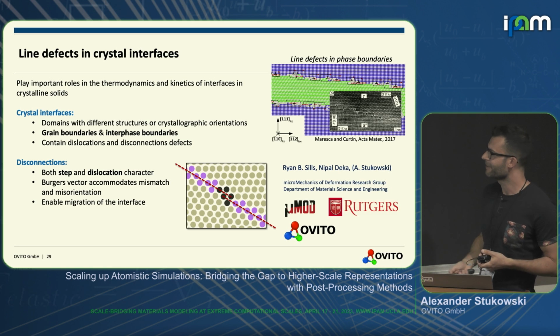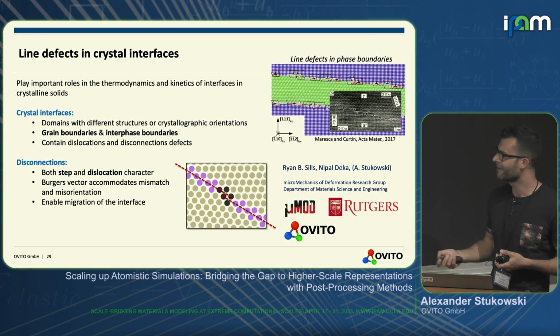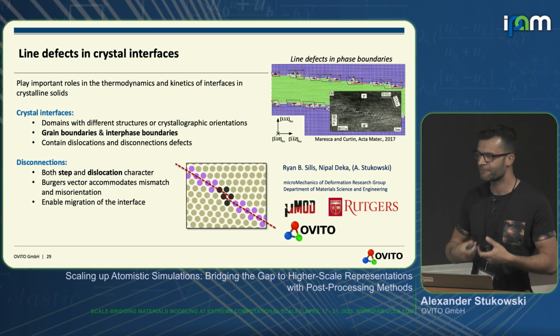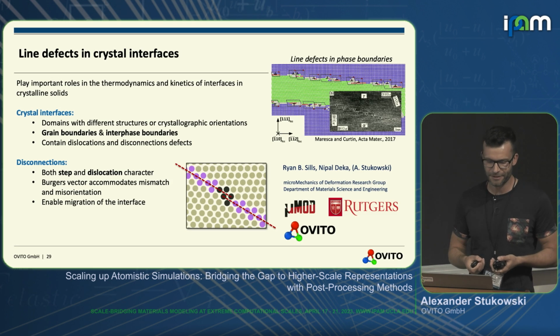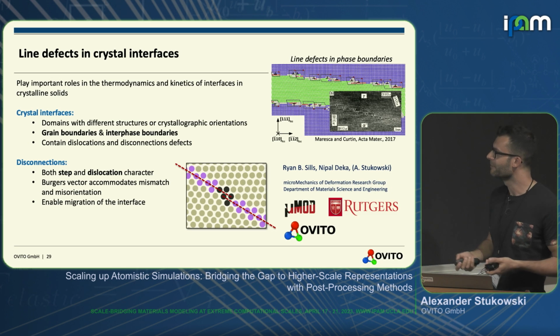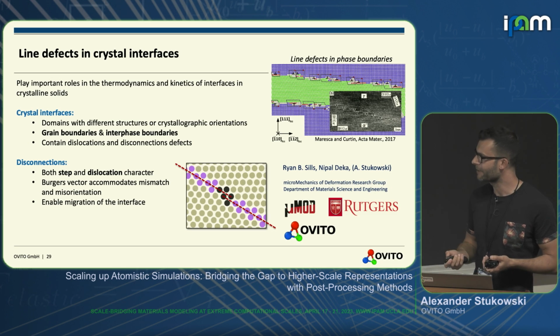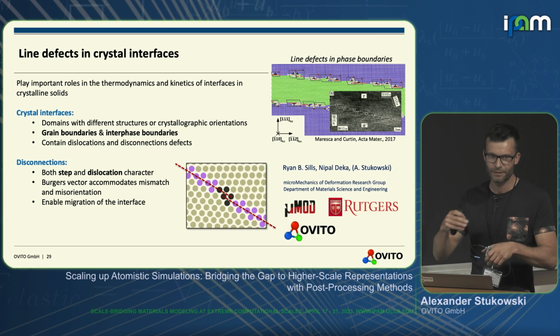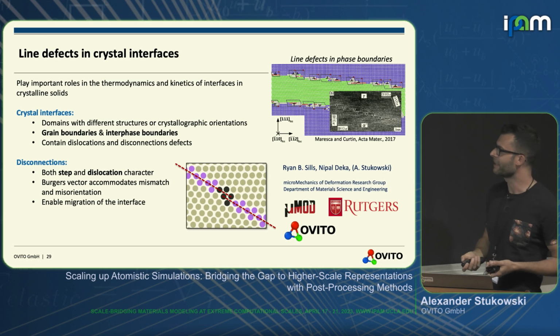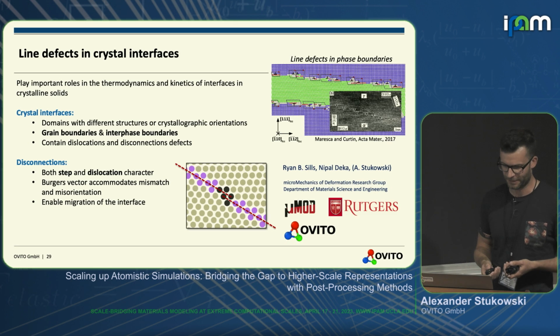The defects that live inside of these interfaces are disconnections. They have both step and dislocation character. The Burgers vector accommodates the mismatch and the misorientation between the crystallites or grains, and the step is what in many cases enables the migration of the interface.